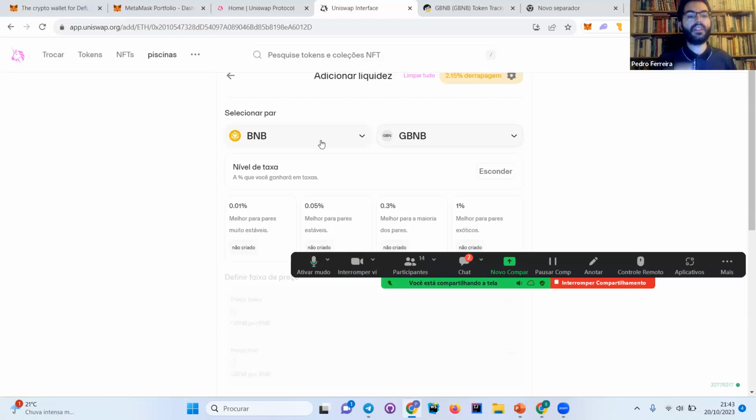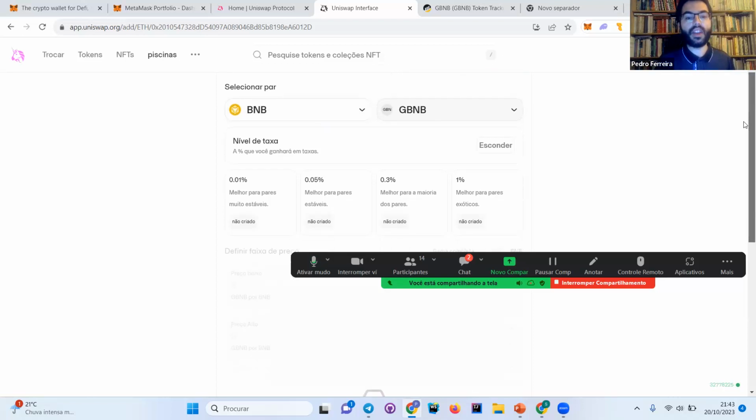That means that if BNB goes down, our token will go down in value even if there is no trade. Then we are going to set up the fee that is going to be charged. You can put 0.01% up to 1%. The 0.01% fee should only be for stable coins.